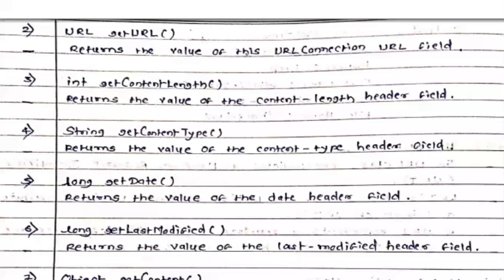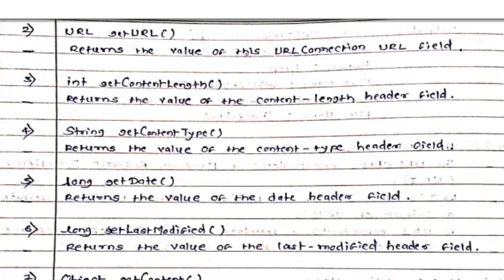Content means whatever content is there. The URL may be designed using different languages, such as HTML or JavaScript. So int getContentLength returns the value of the content-length header field. Then String getContentType returns the value of the content type.